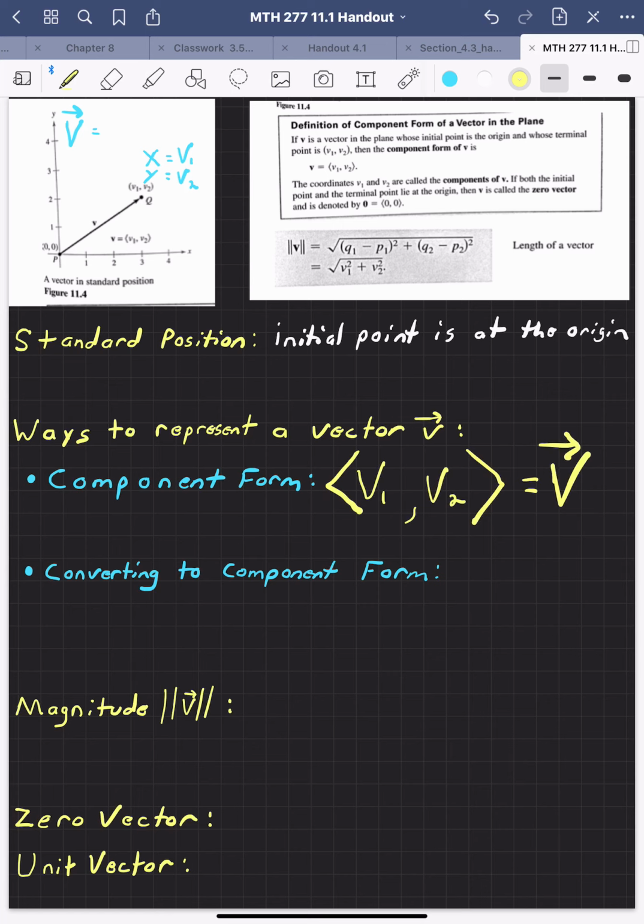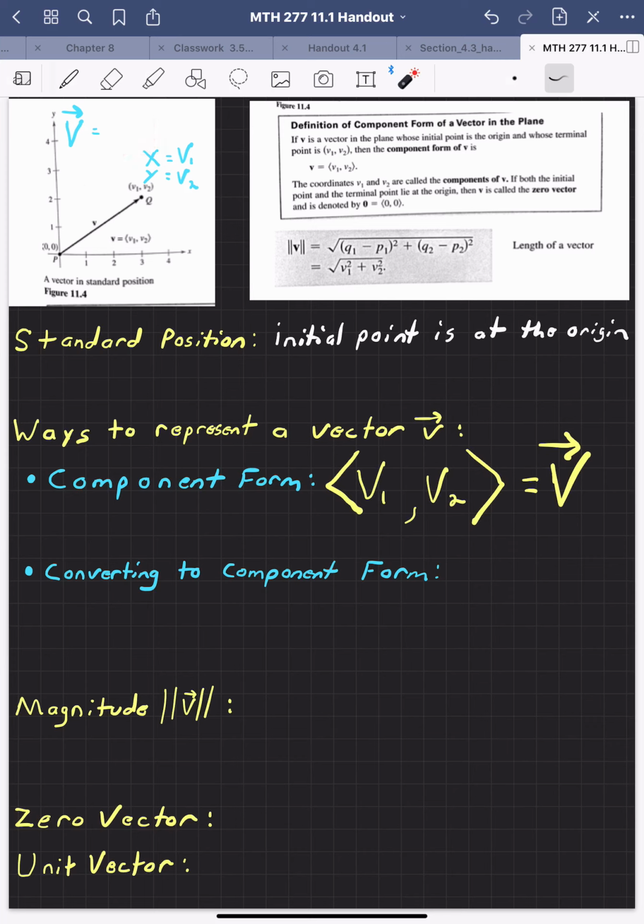All right, so let's discuss for a second how you would convert a vector. Say if you did have a vector out like this, how would you convert it to standard position?